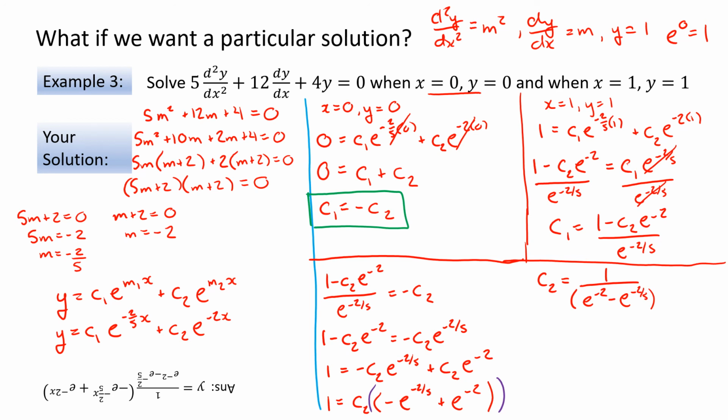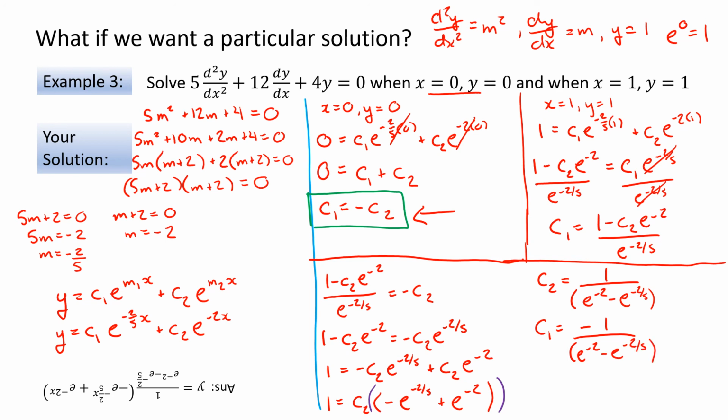So remember, c1 is negative c2. So c1 must be equal to the negative of c2, which is negative 1 divided by e to the negative 2 minus e to the negative 2 over 5.